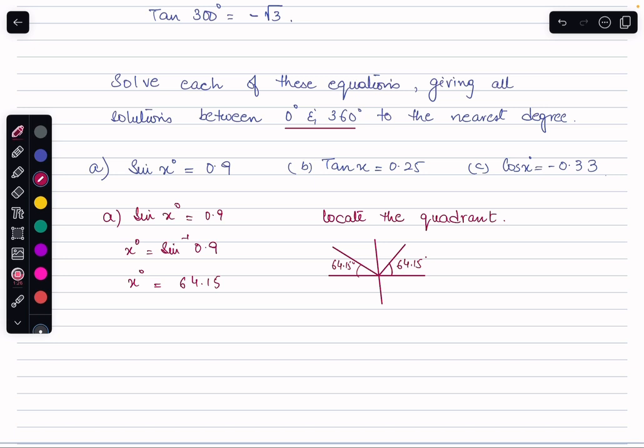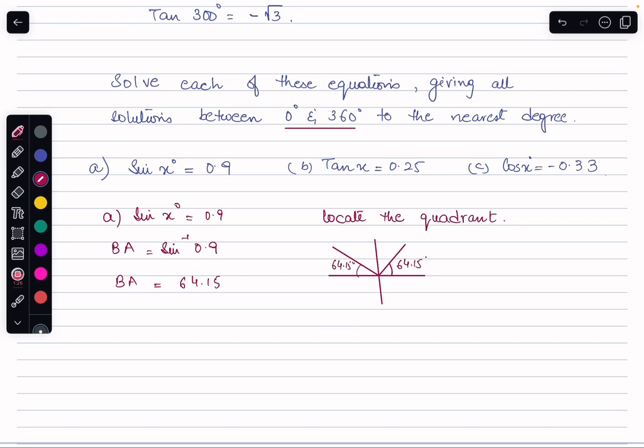So this is going to be my basic angle. Let's not write it as x, let's write it as our basic angle here. We will find x later with respect to all the rotations, according to the sign given to us, whether positive or negative. So I have the basic angle, which is 64.15.